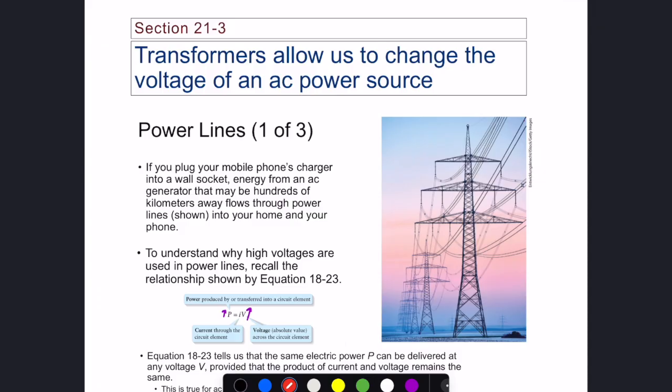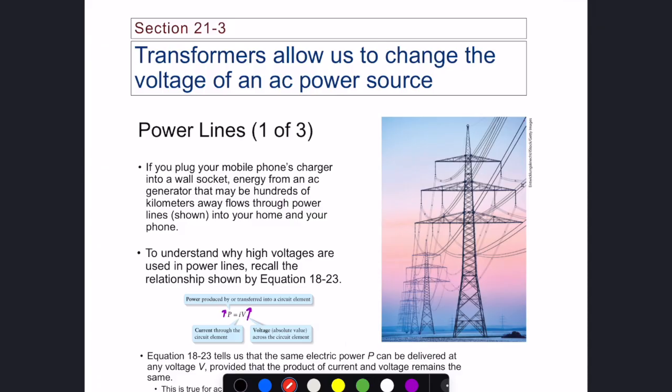And those bricks that we talked about that are at the end of your PlayStation or your cell phone or your laptop, those all have transformers on them too, right? Because these are sensitive devices and we can't just go sticking 120 volts into them, right? We need to kind of tone it down a little bit.